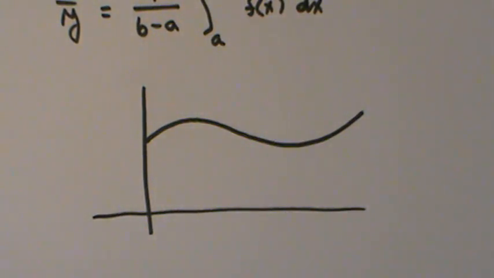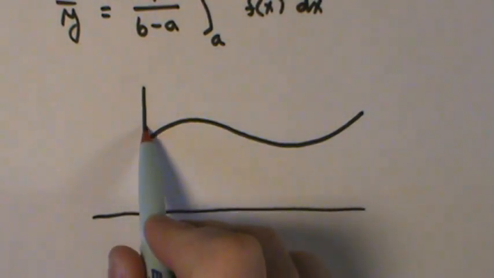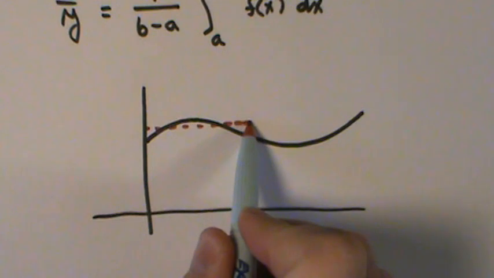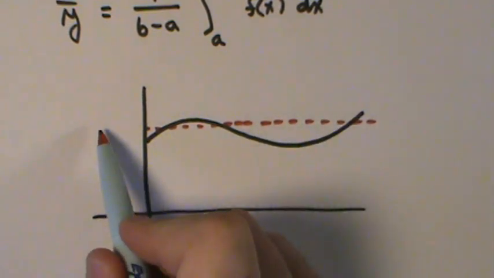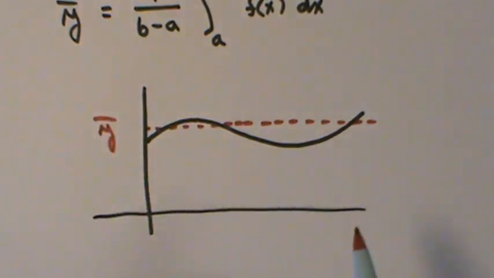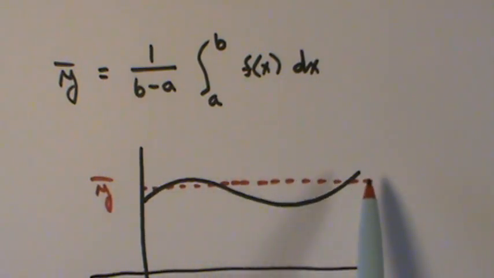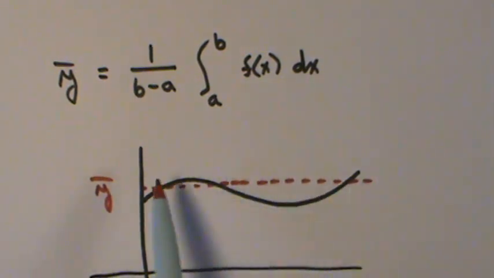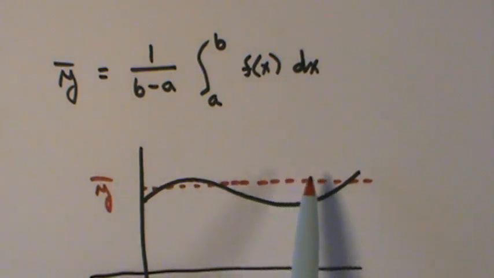As it settles back down, it would form a horizontal line. That horizontal line would be what you call your average value of the function. That's your y value. It's where that all stabilizes. And this formula is what allows us to find that average value, where this is pulled tight, where all the water settles back down, and this would be the water level where it hasn't been shaken up.